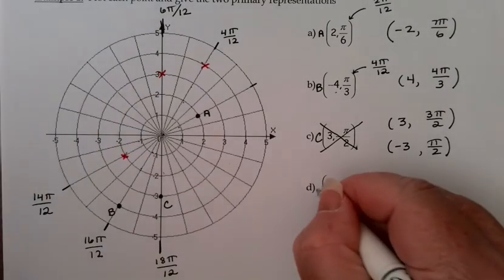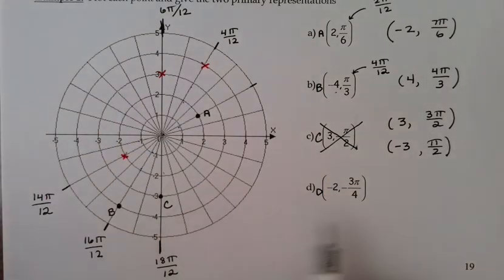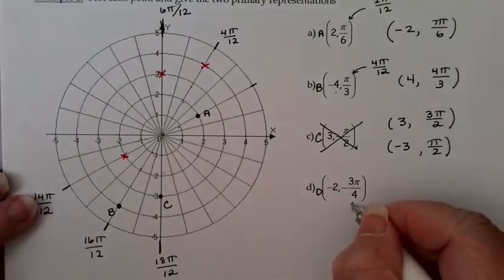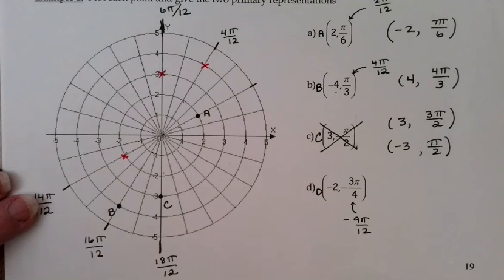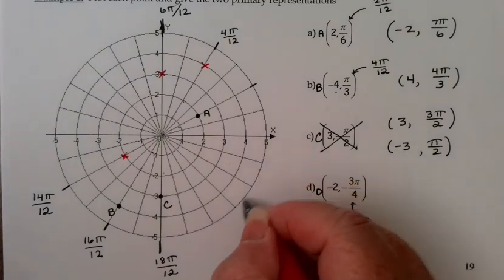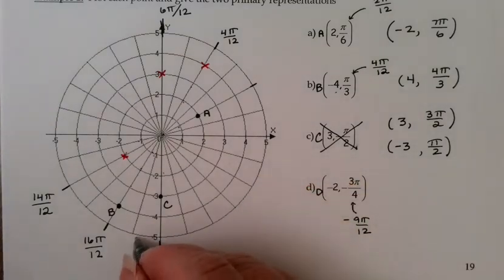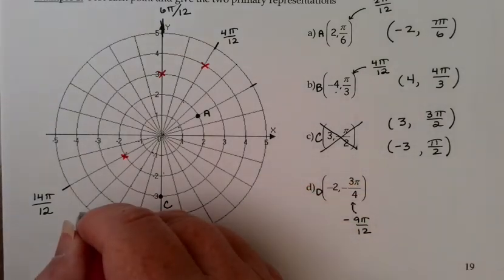We have our point D. R is negative 2, and the angle is negative 3 pi over 4, which, let's see, in 12, that'd be negative 9 pi over 12. So, going in the negative direction, I have negative 1, 2, 3, 4, 5, 6, 7, 8, 9 right here.